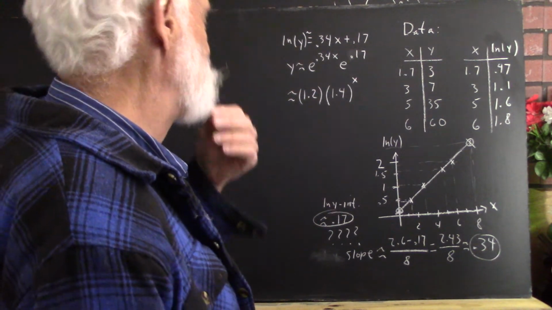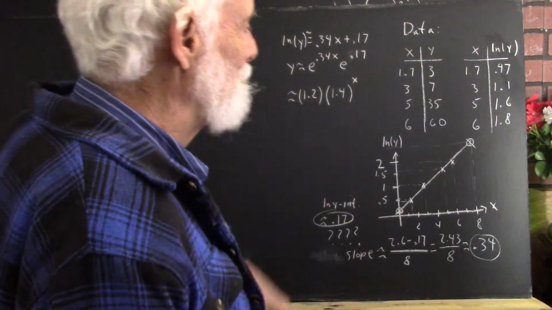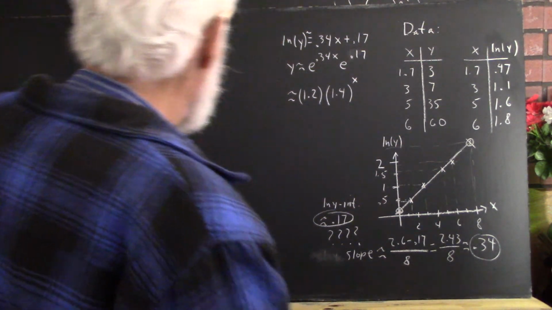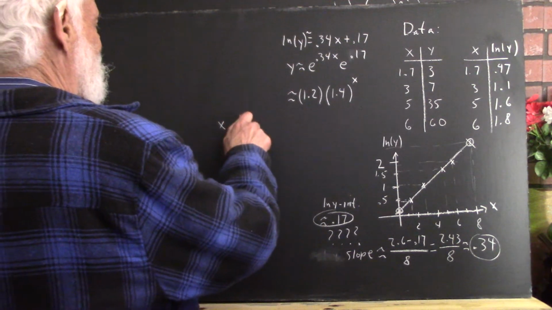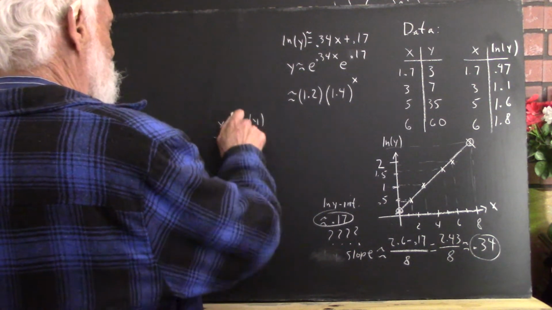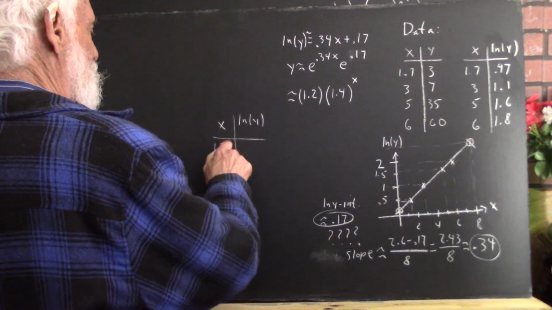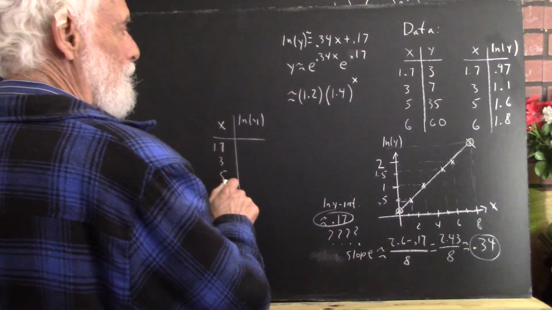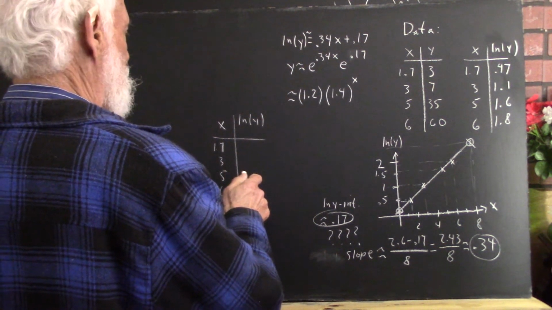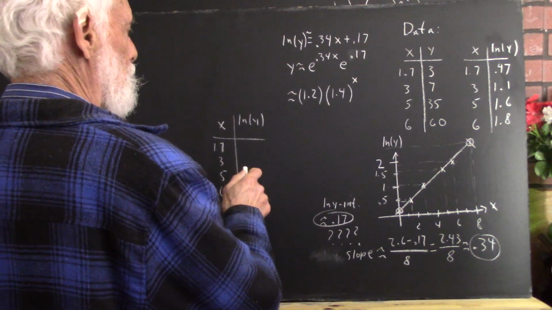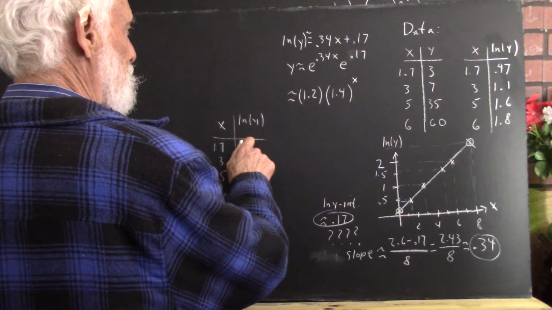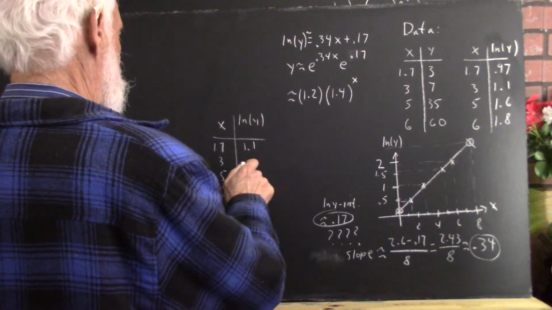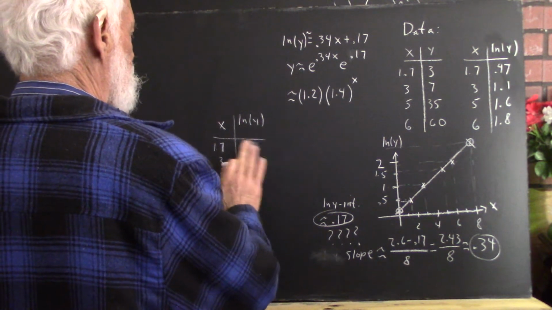So my values should have been like, let's just do this briefly. Natural log of 3 should have been about 2.1. Natural log of 1.7.